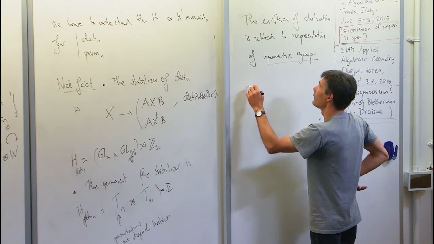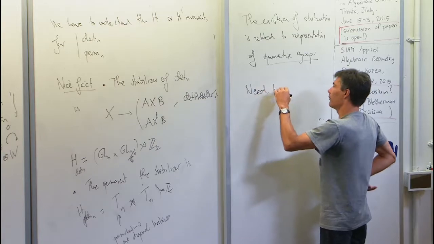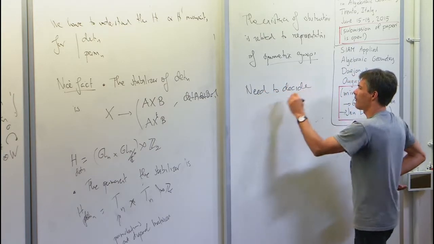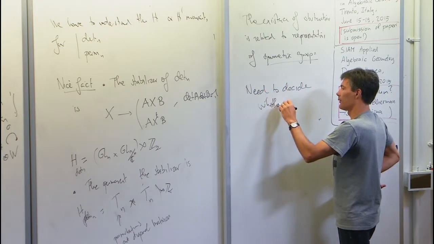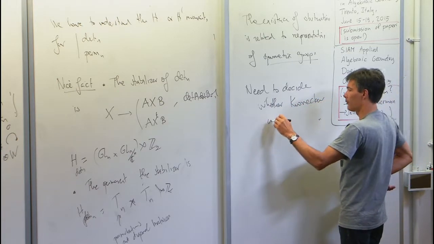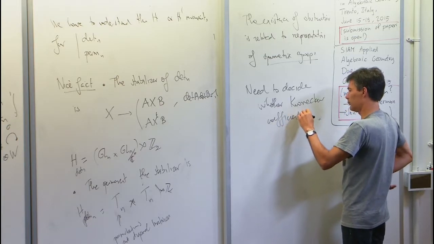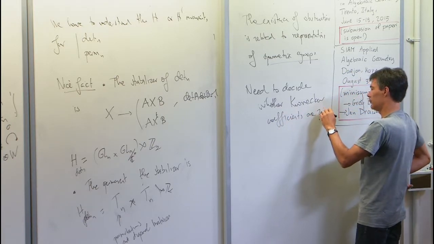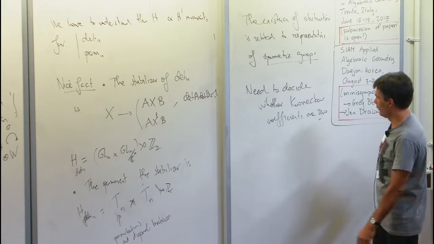You have to decide whether Kronecker coefficients can be zero. So then, special Kronecker coefficients.